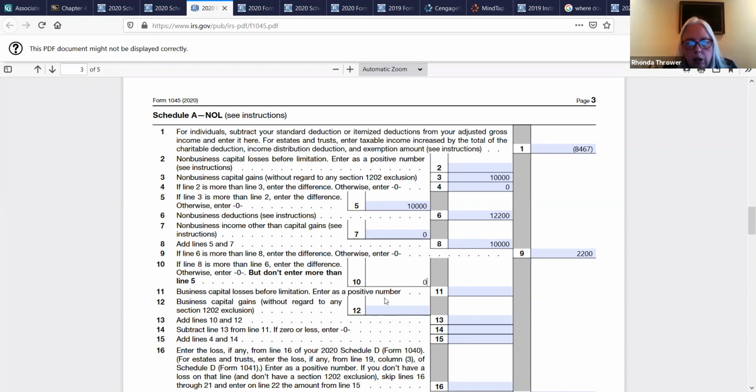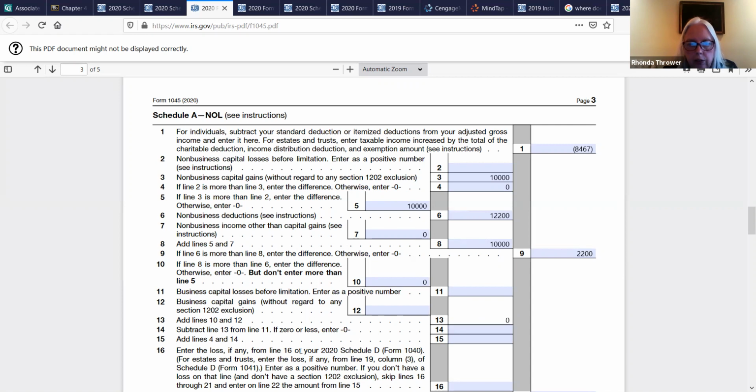And then on line 11, they asked for business capital losses before the limitation. We didn't have any business capital losses that would go there. Line 12 says business capital gains. We didn't have any of those. So line 13 was 10 and 12, which would be 0.